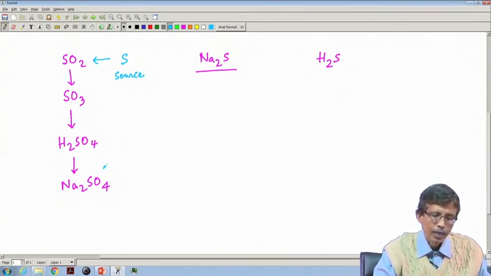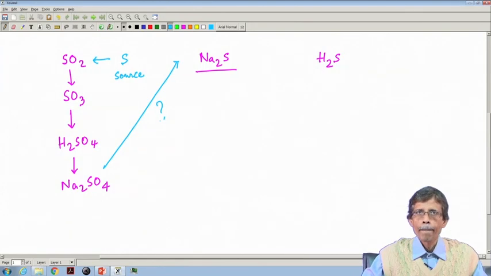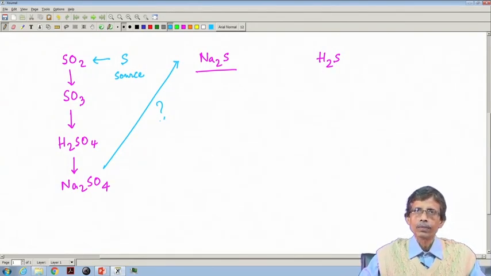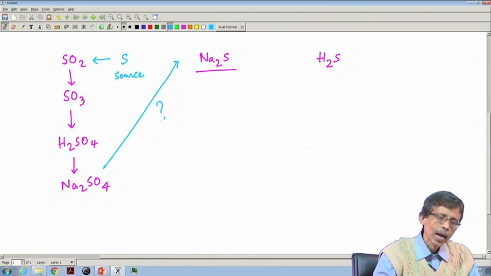Now, if I ask how will you make this, it will be a very cheap source in your hand, because a large amount of sodium sulphate you can make from sulfur, the elemental sulfur, the ore sulfur or the mineral sulfur you have as a reserve. So, sulphate is the anion present and you convert it to sulphide. So, we should go for reduction.